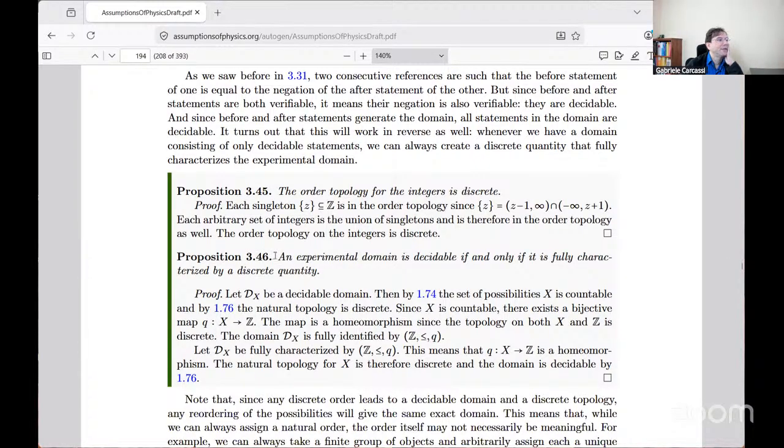And therefore, an experimental domain is decidable if and only if it is fully characterized by a discrete quantity. So if you have an experimental domain that is decidable, you have a discrete topology, and then you can basically define an arbitrary ordering, and the topology is going to be the topology of that ordering.